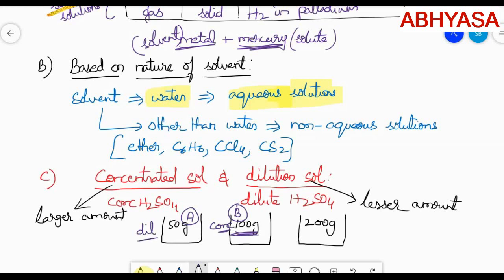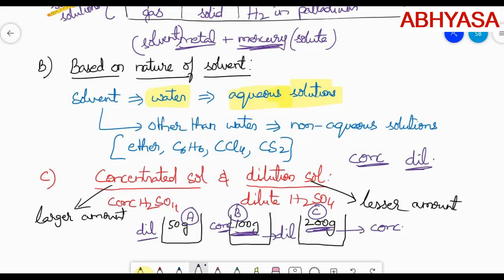Suppose I compare B with C. Now C has more solute when compared to B, so C becomes the concentrated solution and B becomes the dilute solution. Even in exams we can write concentrated as CONC and dilute as DIL, not DIL. It is dilute.